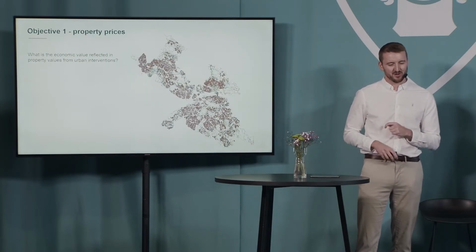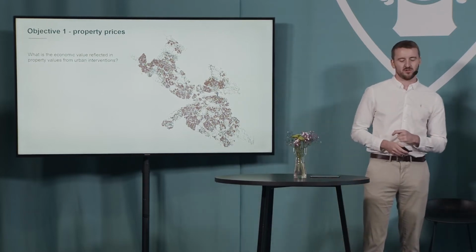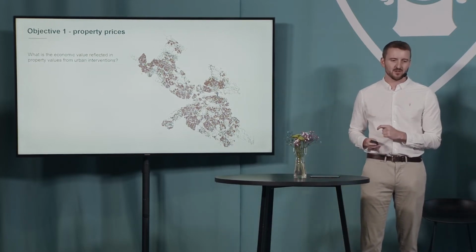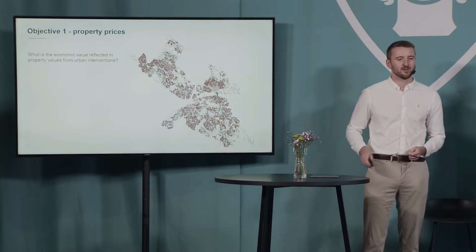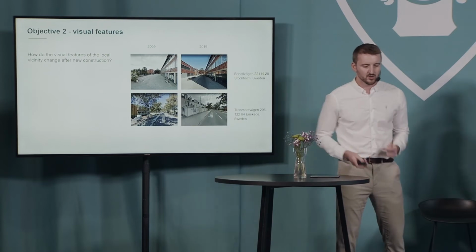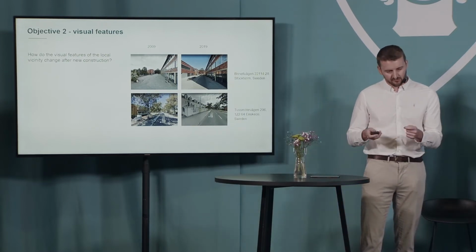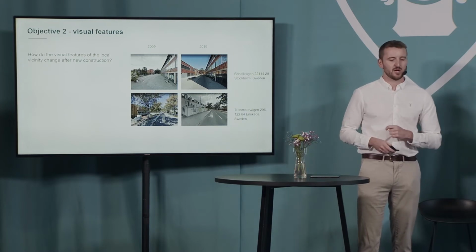The three key objectives that we have are to understand the impact on property prices. And why is this important? If we can increase property prices, we can increase customer spending and also increase economic growth across the city. We also want to understand what is the impact on the visual features. What features can we see that change throughout the city?